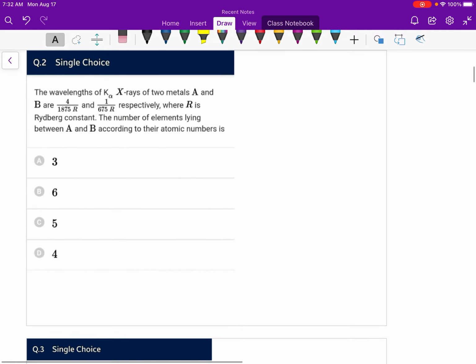The wavelength of K alpha for X-rays of two metals are this and this. The number of elements lying between A and B. So we know that if lambda is the wavelength of K alpha line, then hc by lambda is equal to Rhc (Z minus 1) square (1 by 1 square minus 1 by 2 square).